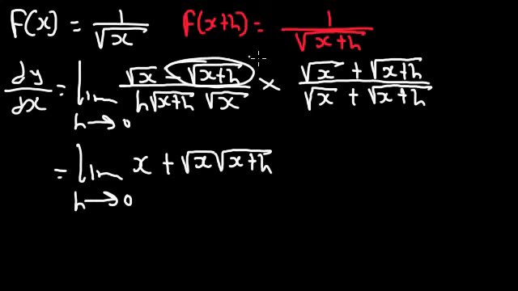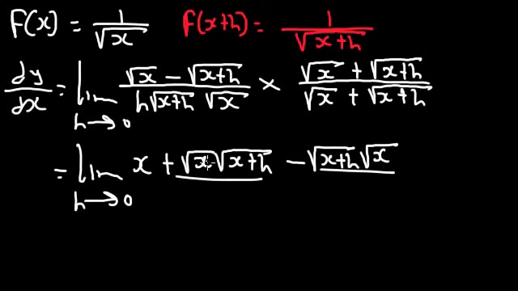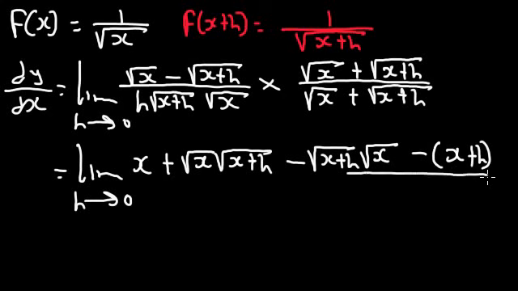Also, negative root of x plus h times root of x gives us negative root of x plus h root of x. Well, they are the same term anyway. These are like terms, regardless of the order. And finally, negative root of x plus h times positive root of x plus h gives us negative, then I've put it in brackets, the binomial x plus h. Okay, then I've written entirely divided by.